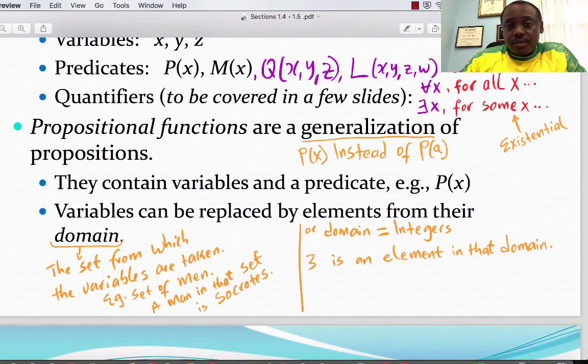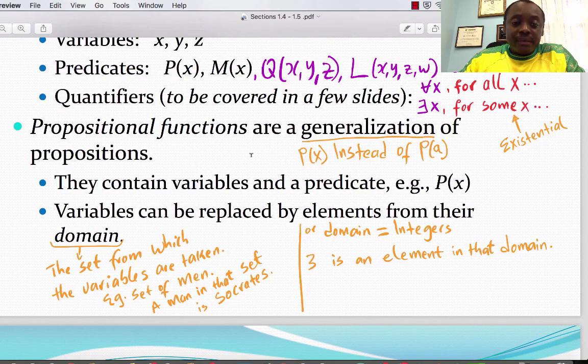Okay, let's continue. The propositional functions contain variables and a predicate. For example, P of X. X is the variable. P of X is the predicate. Variables can be replaced by elements from their domain. The domain is the set from which variables are taken. For example, for every X P of X, all men are mortal. The set there would be the set of all men.